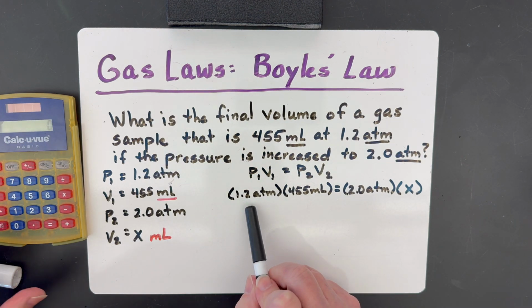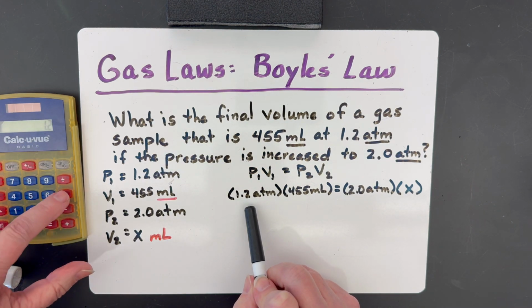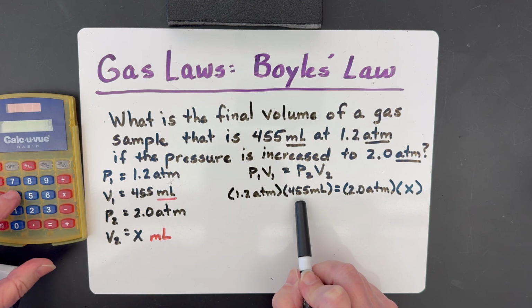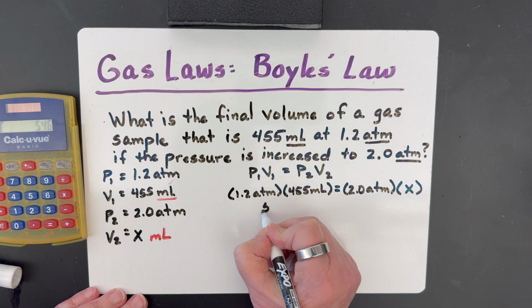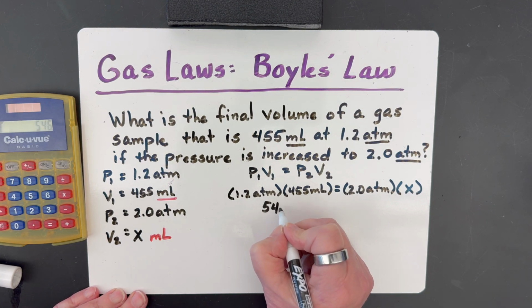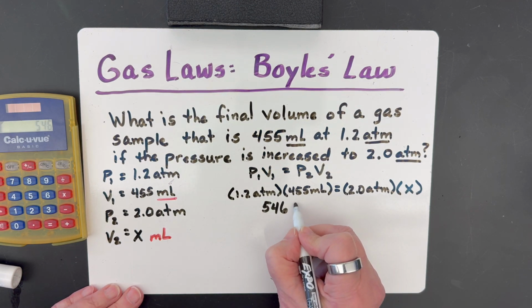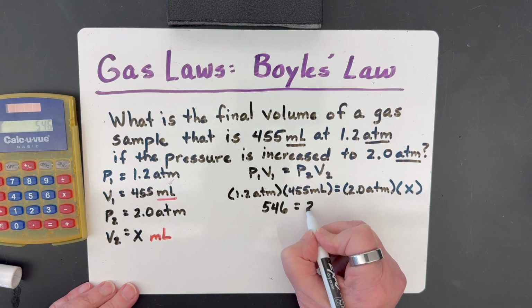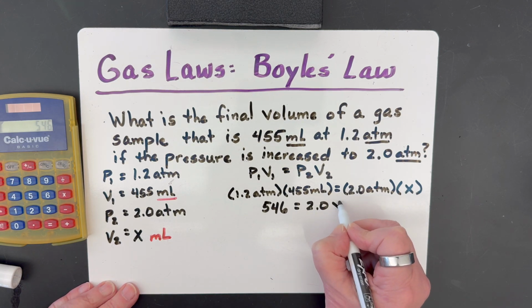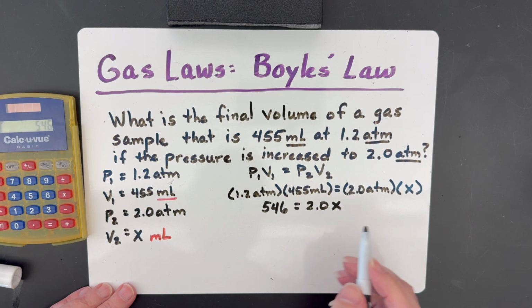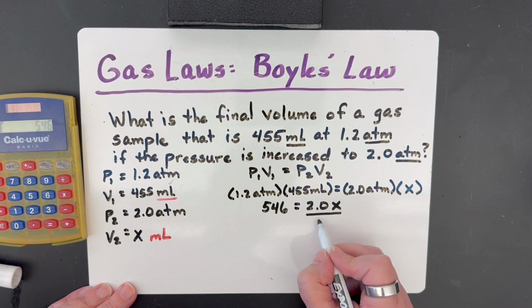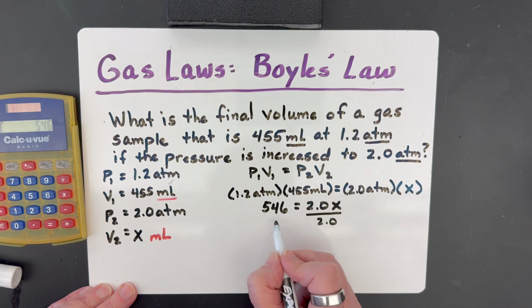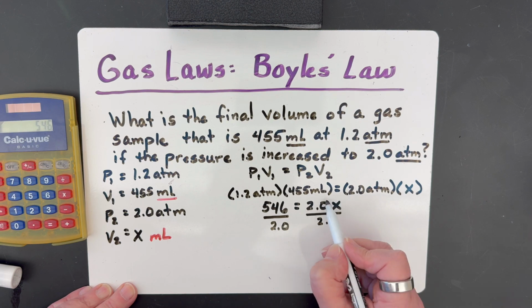On the left side, we have 1.2 times 455, which is 546. On the right side, we have 2.0x. Now to get x by itself, since it's 2 times x, we're going to have to divide by 2, which means if you do it to the right side to keep it equal, you have to do it to the left side.